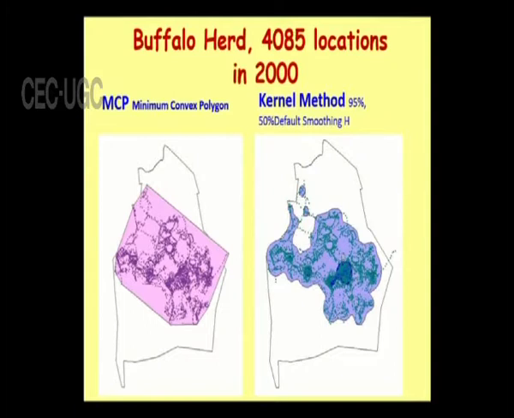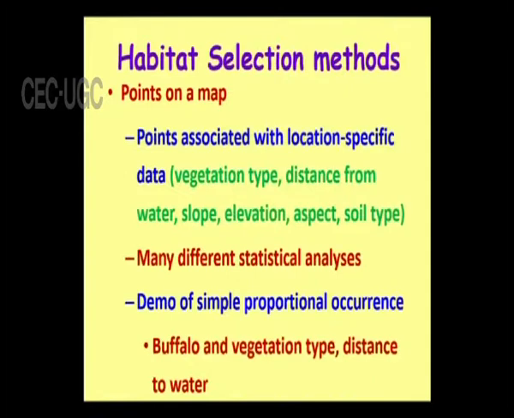And now, what more information are we collecting? The habitat selection method, the points on a map. The points are associated with location-specific data.